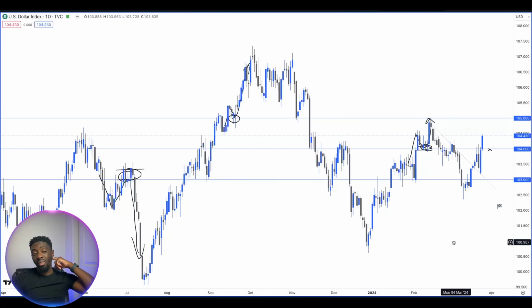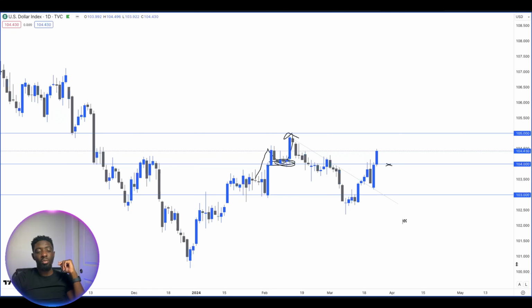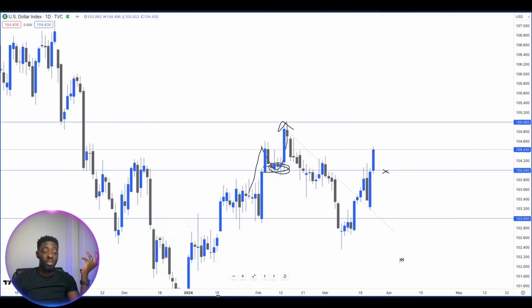So if you use the same principle, it's easy for you to anticipate or to say there's a high possibility that price will test an area like this, and if you see a rejection around this point, you're most likely going to see price rally to say 105. And that's simple and that's easy.